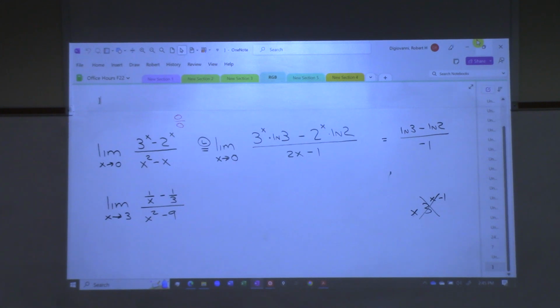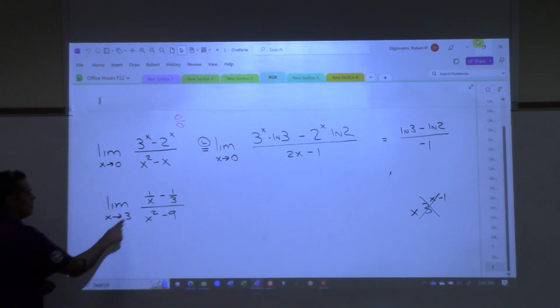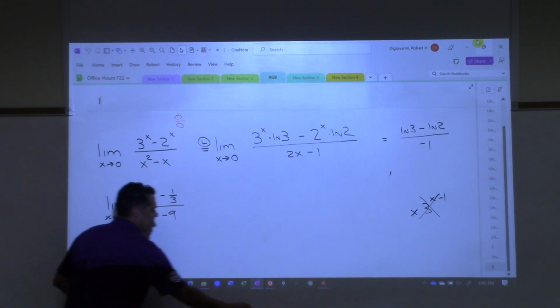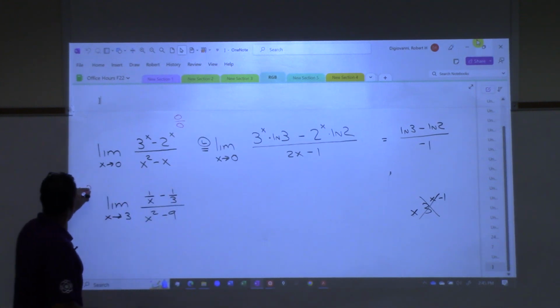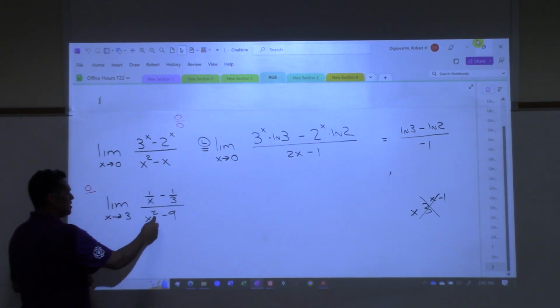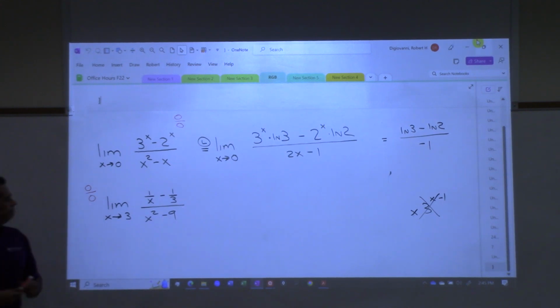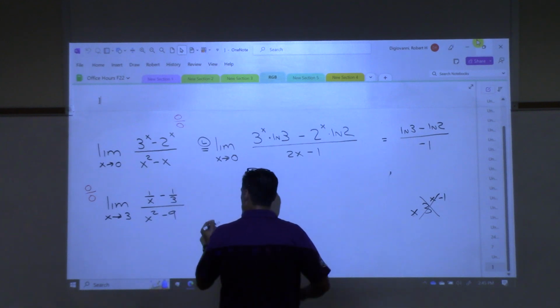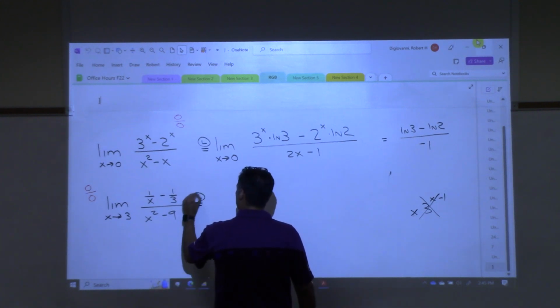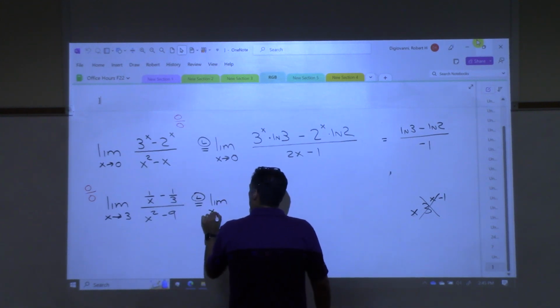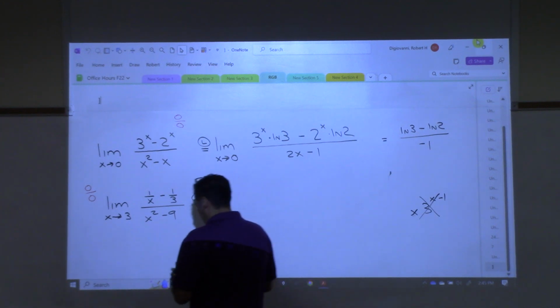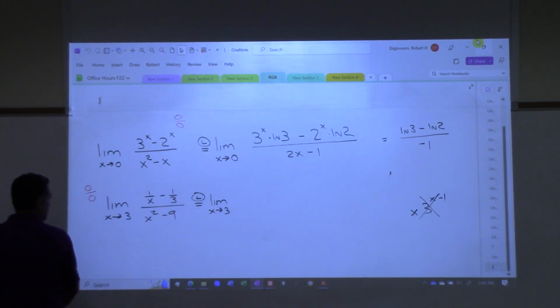When x goes to 3, we get 1/3 minus 1/3, so 0 on top, over 3 squared is 9, 9 minus 9 is 0. So we have 0 over 0. We can use L'Hopital. Okay, the derivative on top.